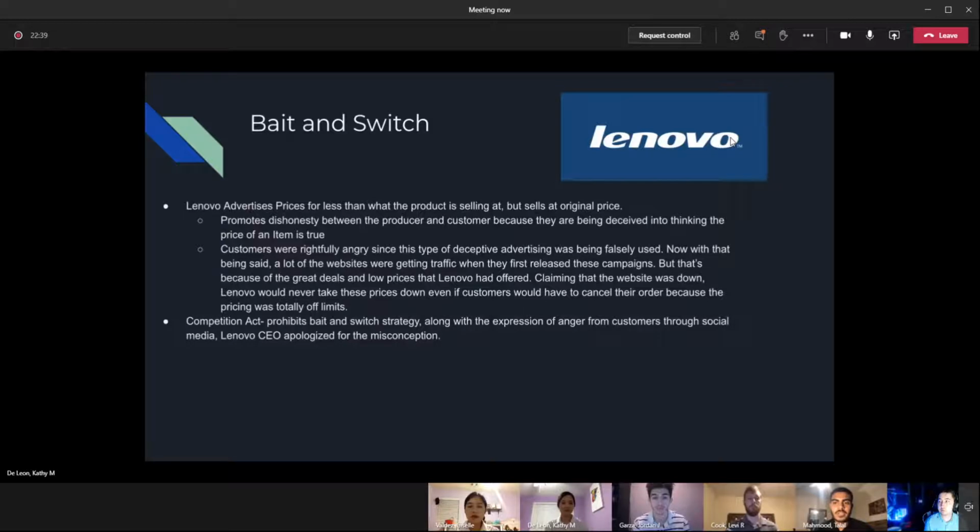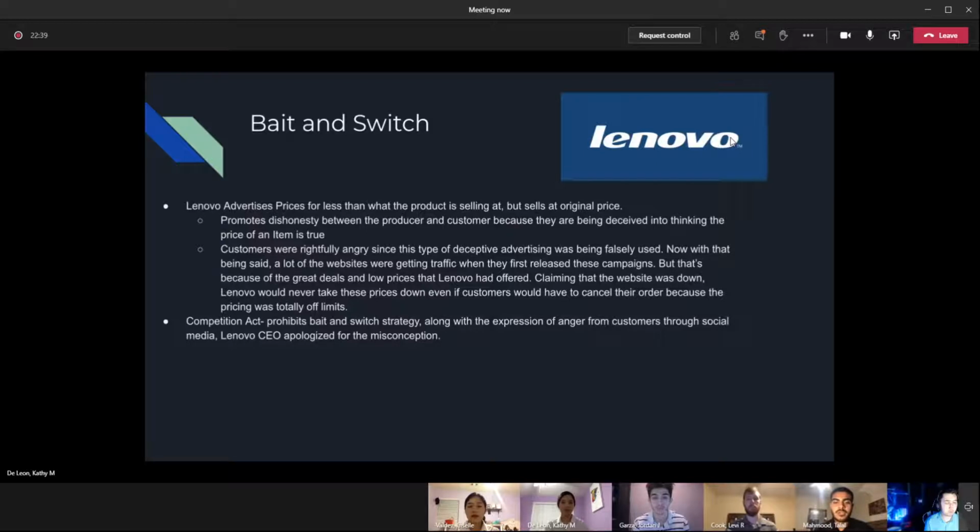However, even with the great deals and the low prices, quote unquote, that Lenovo offered, none of those were true. Those were only because of the ads and the online traffic that they had claimed to have.